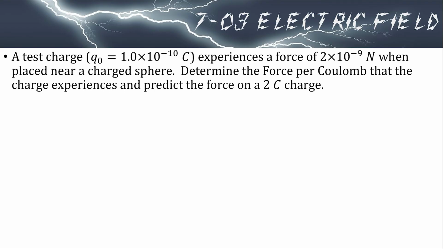For example, a small test charge, 1 times 10 to the negative 10 coulombs, experiences this force when placed near a charged sphere. Determine the force per coulomb that the charge experiences.